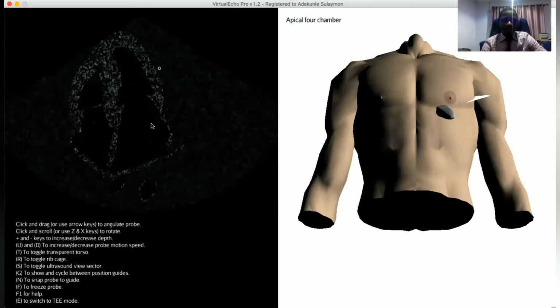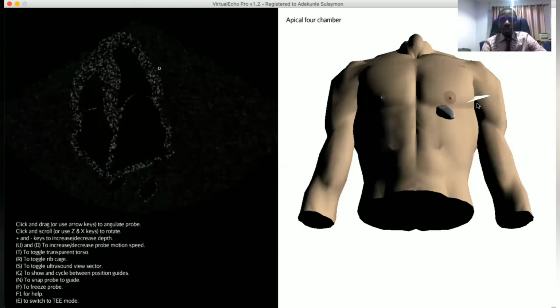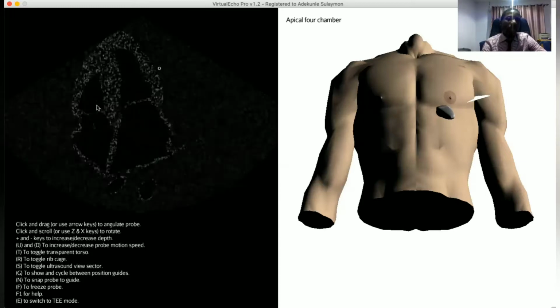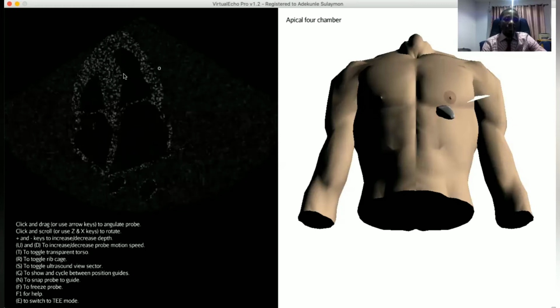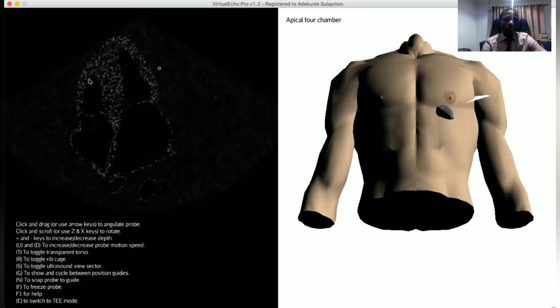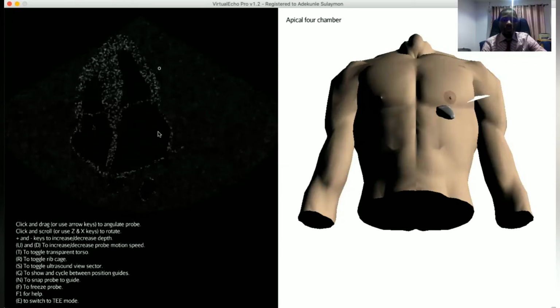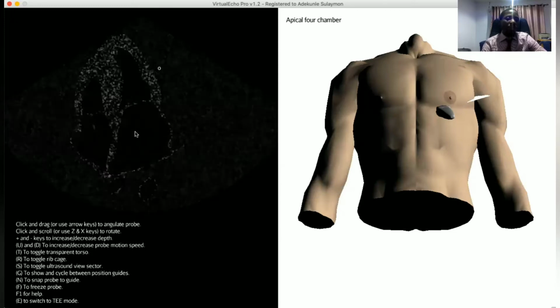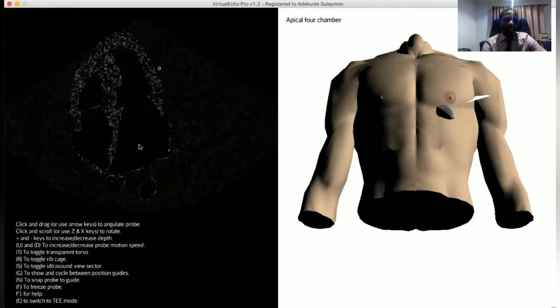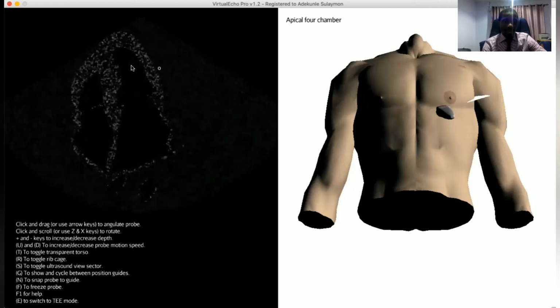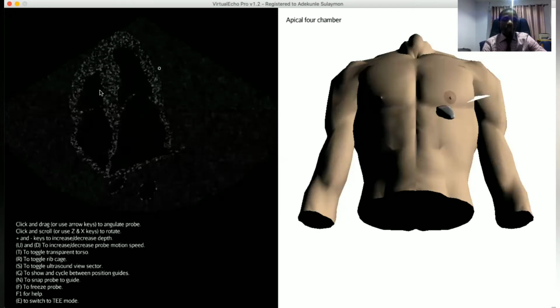So what do we have in this position when you place your probe this way and you are seeing this coming up? You have the left ventricle, the right ventricle, the right atrium, and the left atrium. In real representation, the left ventricle is usually the biggest, then the right ventricle.